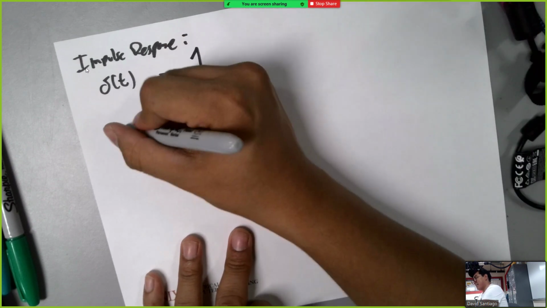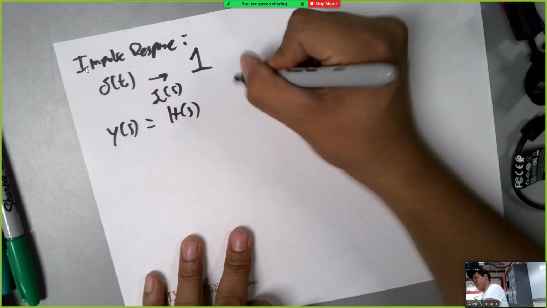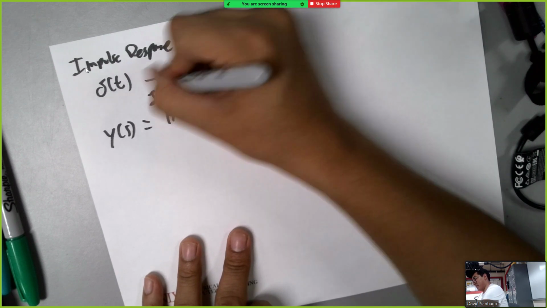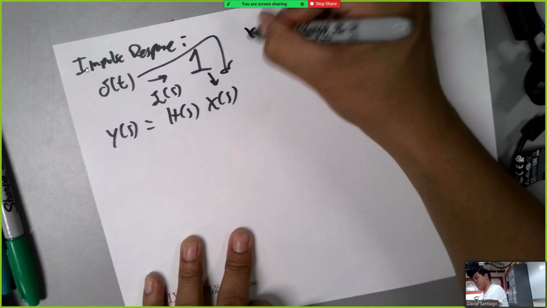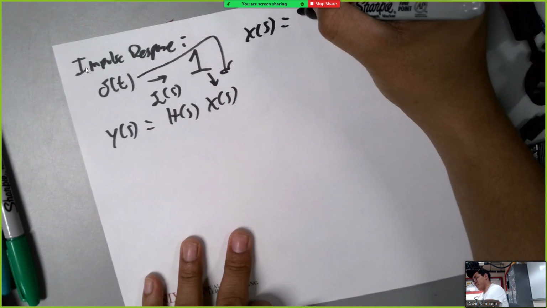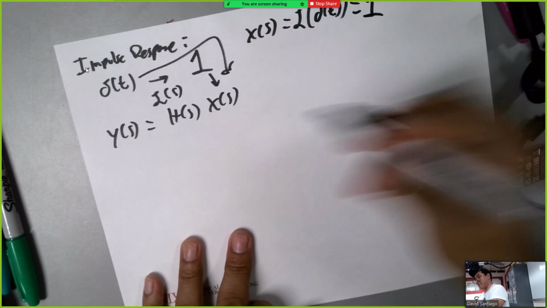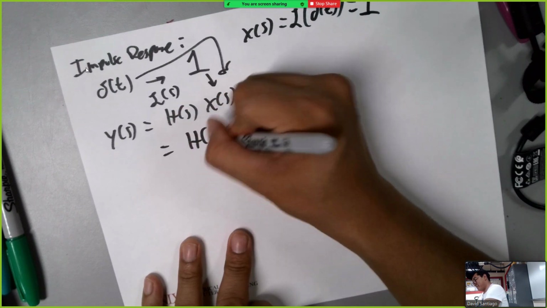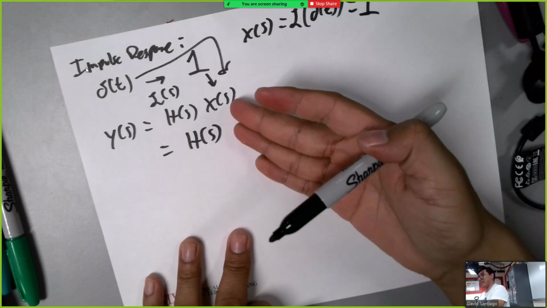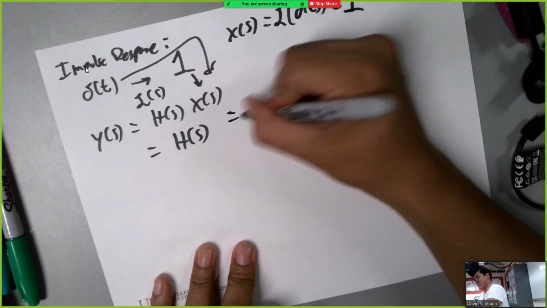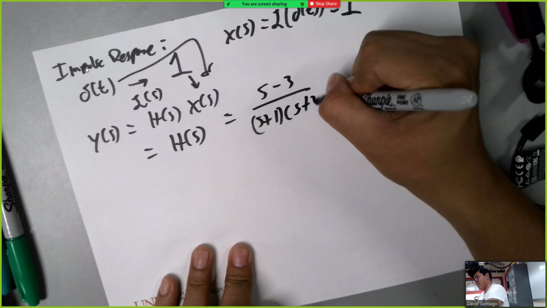So that means if you have y of s is equal to h of s and x of s, where x of s is equal to the Laplace transform of delta t, right? That means your impulse response is literally just h of s. Well, in the s domain, which means your real answer is s minus 3 over s plus 1, s plus 2.